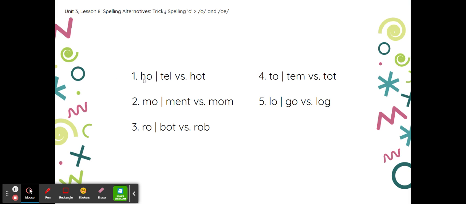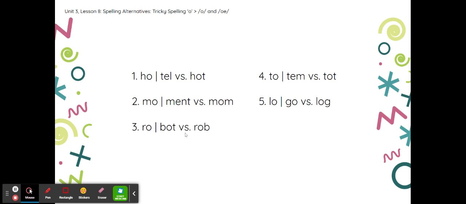So here we have hotel. On this one, the O is representing the O sound because it comes at the end of that syllable. Versus hot. On hot, you have ah, t, which has a consonant on both sides of that O. We have moment, so the O is at the end of the syllable, so it's an O, moment, versus mom, ah, because it's between two consonants.